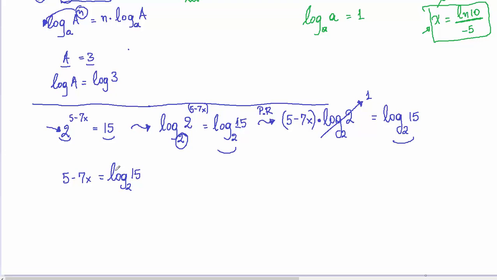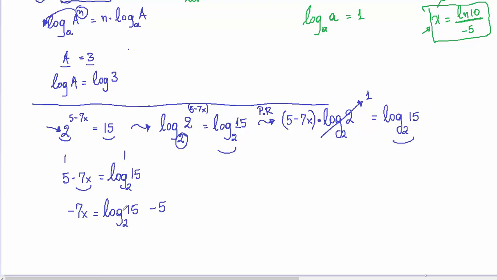So now that you are asked to solve this linear equation, you're going to separate the variables, that is only this, from the constants, that is this one and this one. So I will leave the variable on this side and I will pass the constant to the other side. So I have log with base 2 of 15 minus 5.